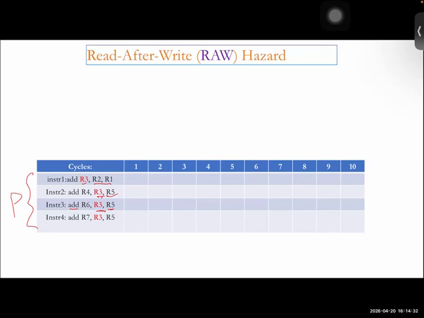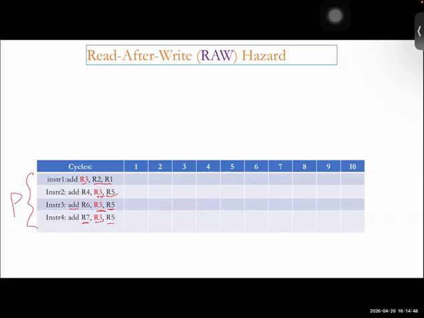Similarly, the fourth instruction reads the source 1 operand from R3 and the source 2 operand from R5, and the result is stored back into the R7 register.